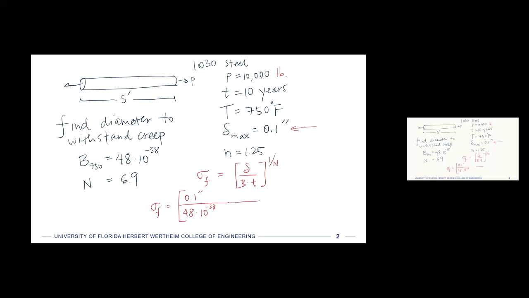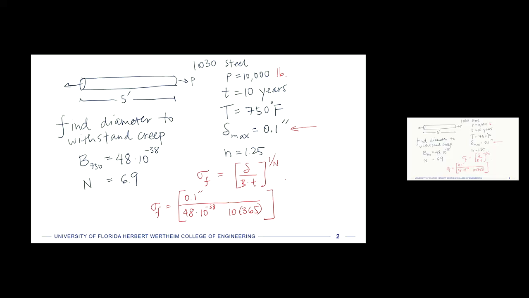So we have 10 years, and we're going to multiply that times 365 days per year. I'm trying to figure out why they have another factor in here, and I don't know where it comes from.